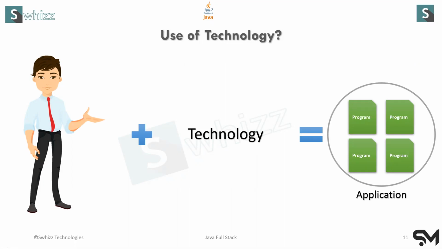I told you in the previous slide. In a banking scenario, we have a lot of different programs. We combine all these programs and an application is formed, which is nothing but a mobile banking or net banking application. A single application includes all of these programs.